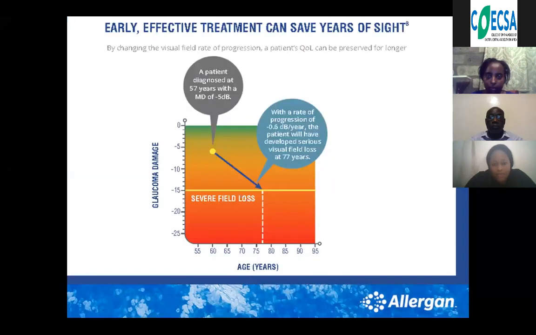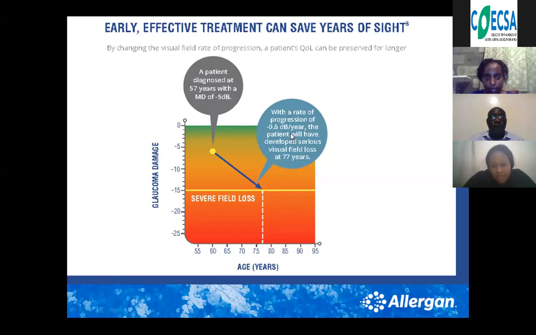I want to share a new model by Professor Hagel. He was trying to look at how, by changing the visual field rate of progression, a patient's quality of life can be preserved for longer. He came up with a model looking at a moderately progressed glaucoma patient aged about 57 years with a mean deviation of -5. At a rate of about 0.6 decibels per year, the patient will have developed serious visual field loss at around 77 years.